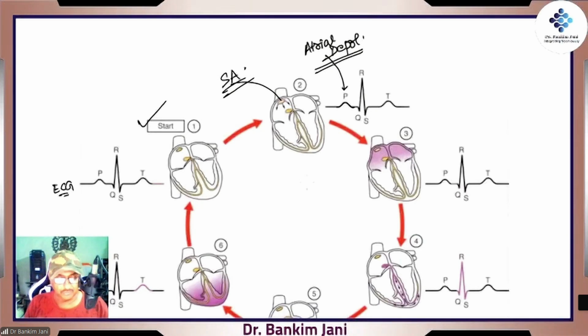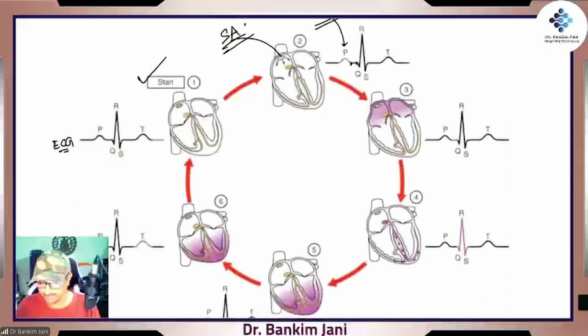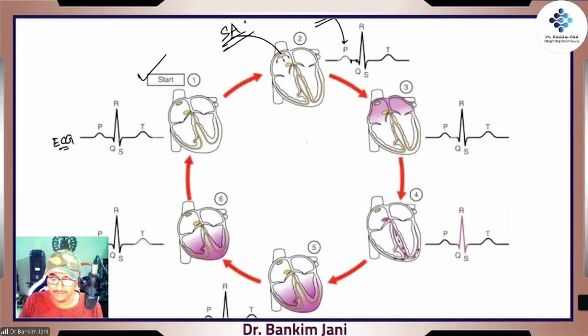Things reach the AV node. At the AV node, it is taking time. It is causing the delay. That is the point when it is waiting, from here to here. That is the point when it is contracting. Then let's move further. See the blood.